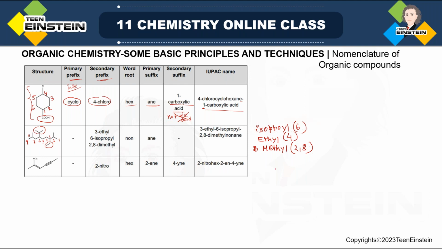Now why have I started the numbering from this side? If you see the positions for the substituents, when you are moving from the right hand side, the numbering is 2, then 3, then 6 and 8. 2, 3, 6, 8.